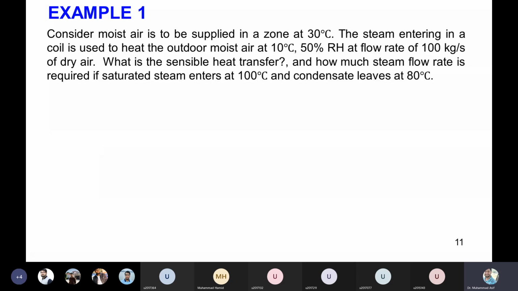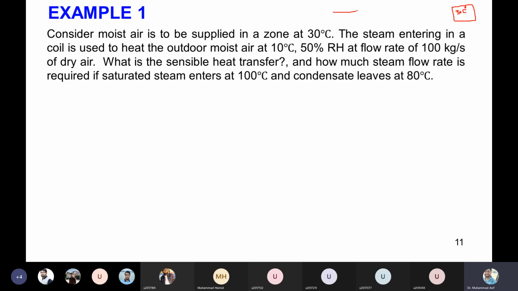So let's try to solve a couple of numerical problems for this chapter. This is the first example. In this example, consider moist air is to be supplied in a zone at 30 degrees C. Let's say this is my office, and I want the temperature in my office at 30 degrees C. The steam entering the coil is used to heat the outdoor moist air, which is at 10 degrees C and 50% relative humidity.